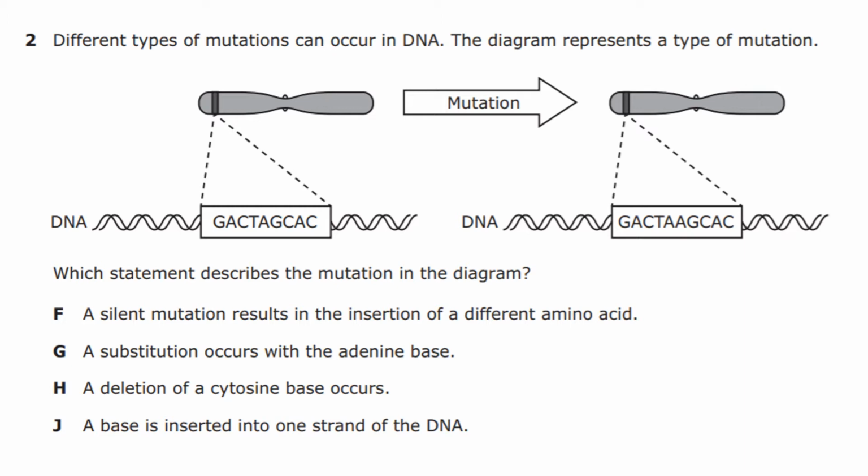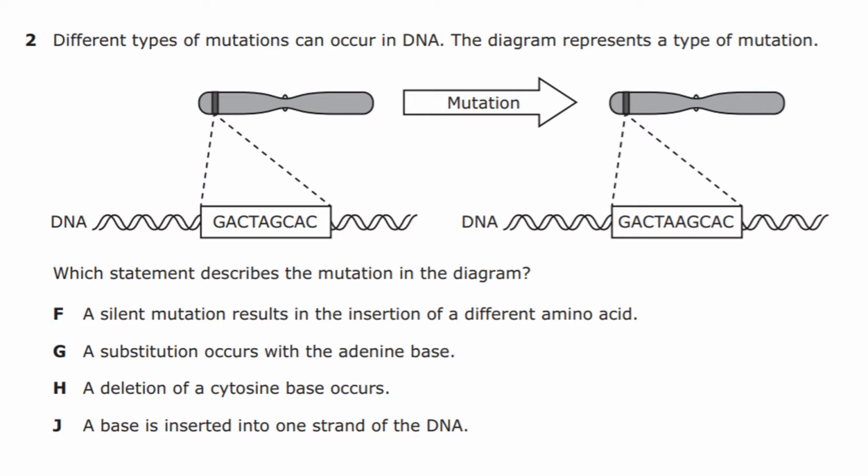If you look at this sequence on this DNA, the one on the left is the one prior to, or before, the mutation. If we remember that these DNA sequences occur in groups of 3, the first group says GAC, the second group says TAG, the third group says CAC.